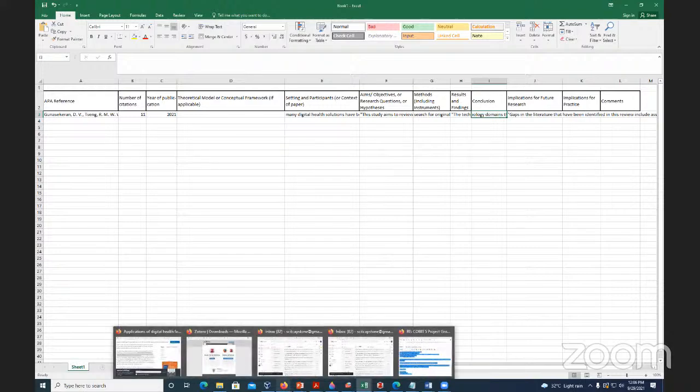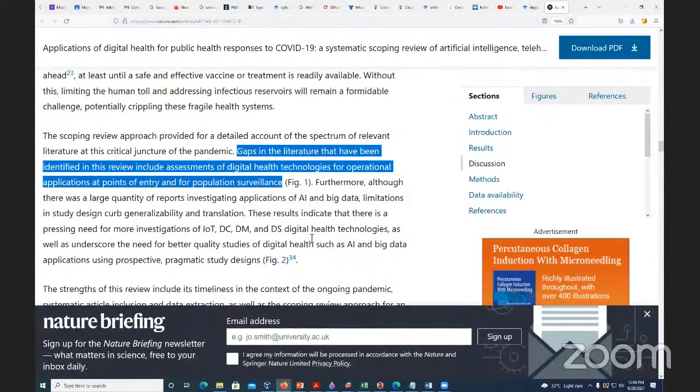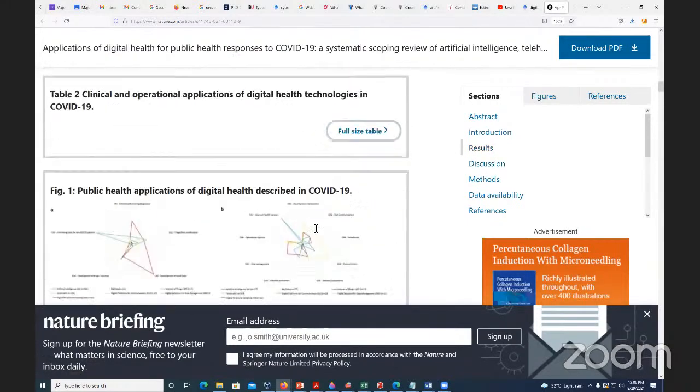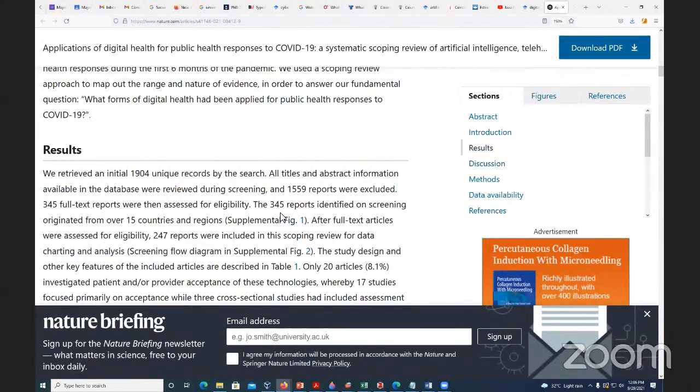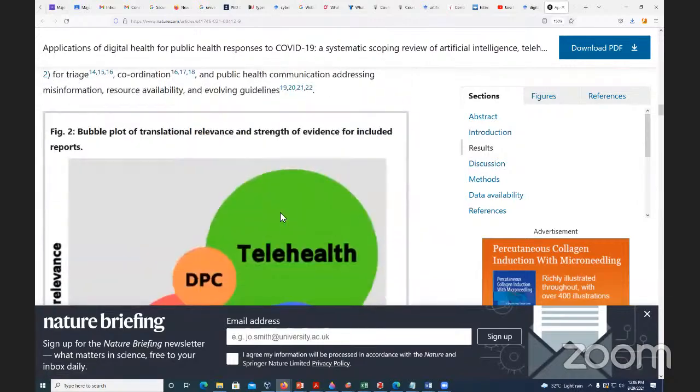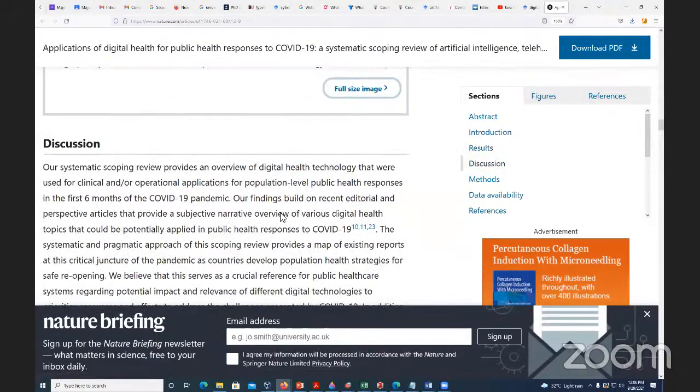I know we're taking long, but this is complex. I'm reading it for the first time. Let's see. The sections of the paper were results, and usually after the results you have a conclusion. But in this paper you have a discussion, because they didn't have a very clear research question.